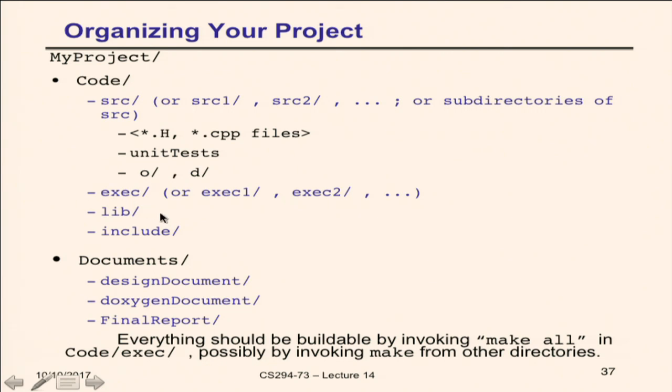Another directory you've already seen is the place where your main program lives and that you execute out of, the exec directory, or you can have multiple exec directories. You can have a lib directory. You're seeing that in homework 3. That's where you put .a files. Finally, here's something we'll do in homework 4: having one place for your application to look for all the include files it needs.